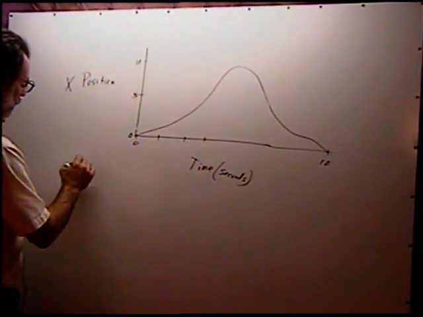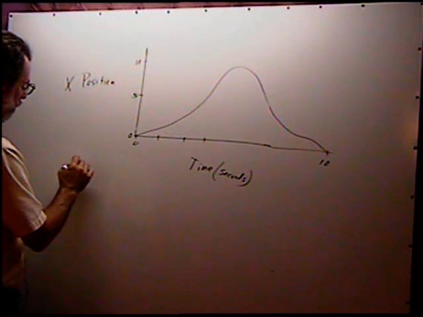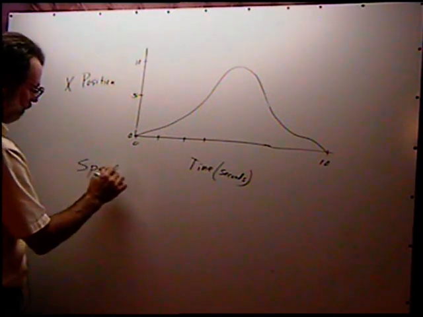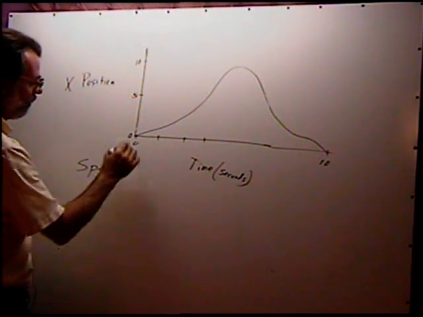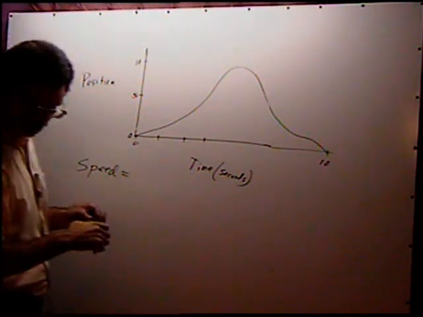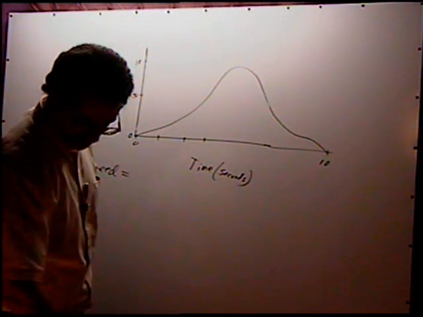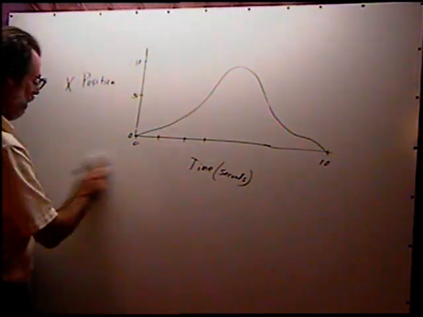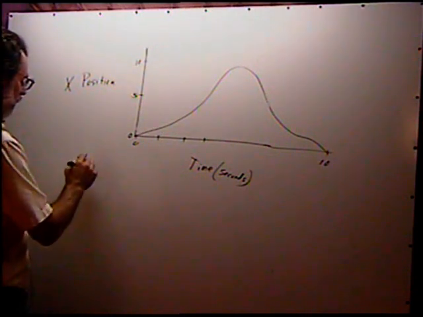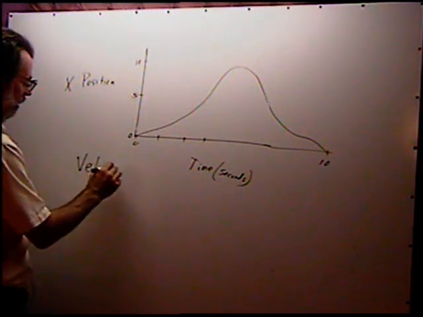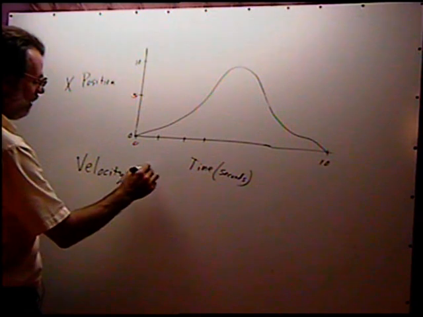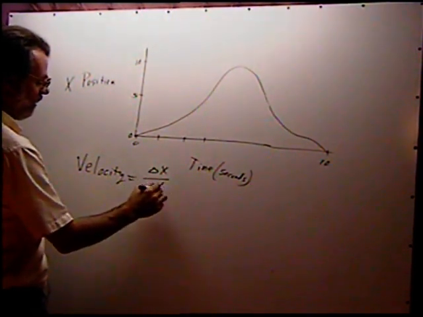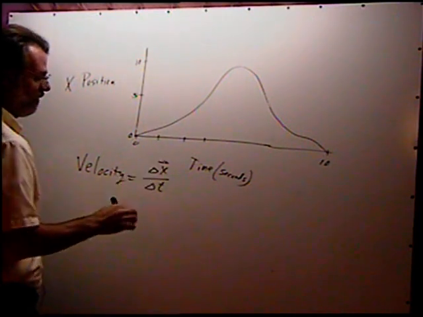So one question is, we can see the speed here, actually I'm going to talk about velocity. The velocity is defined as a change in x over the change in time, and that's a vector.